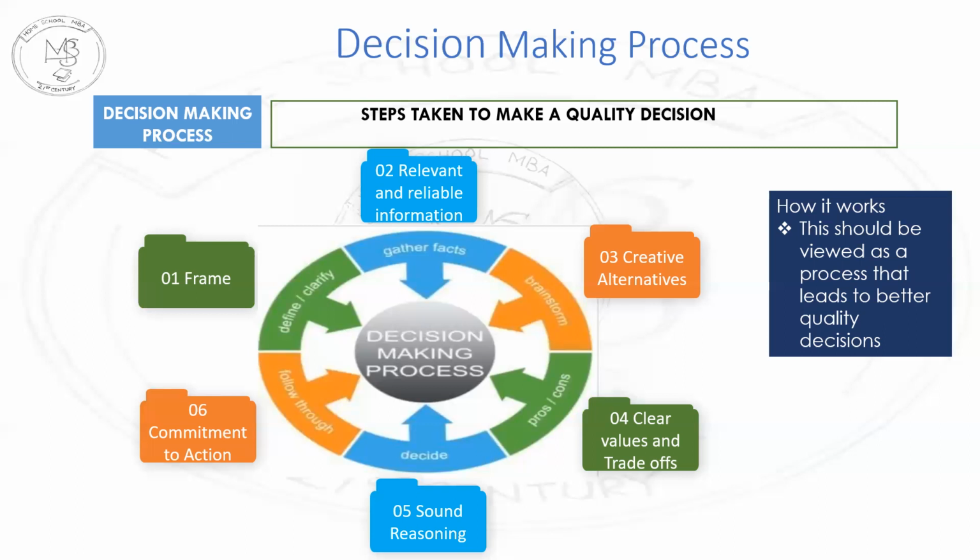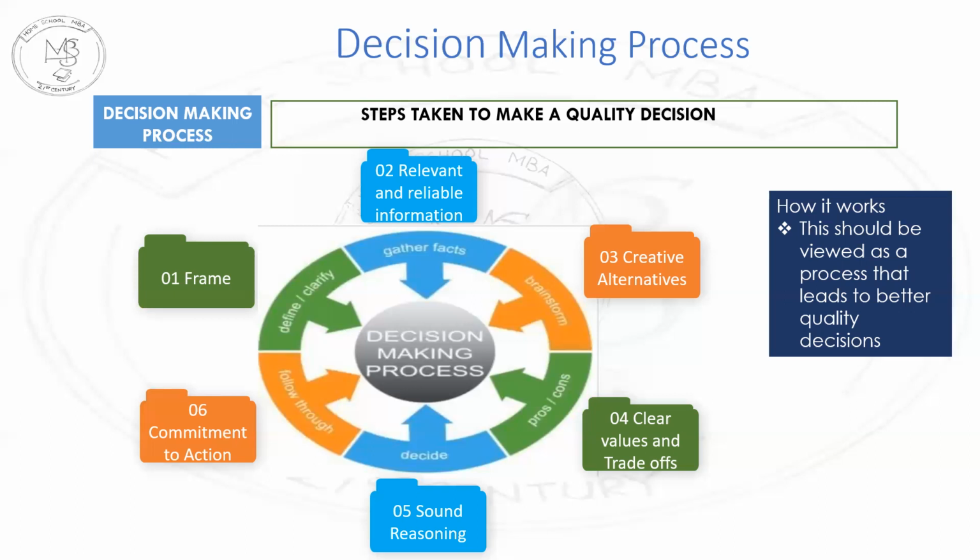cons. Then last but not the least, that is commitment to action. So that means that if you have decided through this process and you have selected one alternative out of many, now you have to show commitment to this. That means this alternative should be implemented in true letter and spirit.